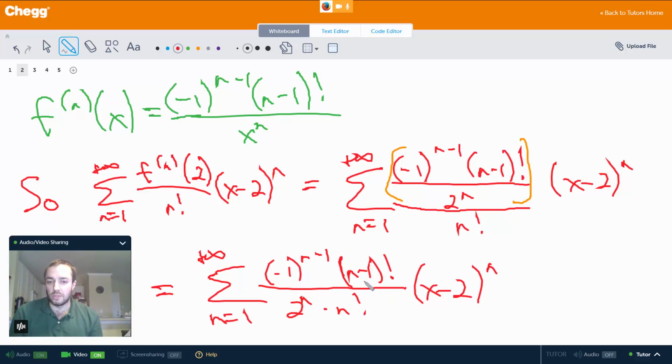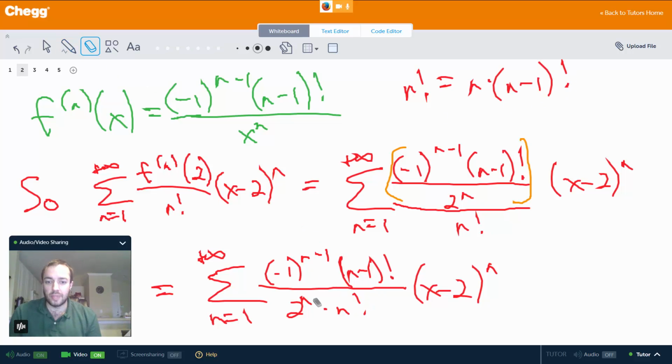Now, there's another thing we can do to simplify, which is going to be kind of nice. So notice up here we have n minus 1 factorial, and here we have n factorial. And remember that n factorial is just n times n minus 1 factorial. So let's go ahead and rewrite this n factorial as n times n minus 1 factorial.